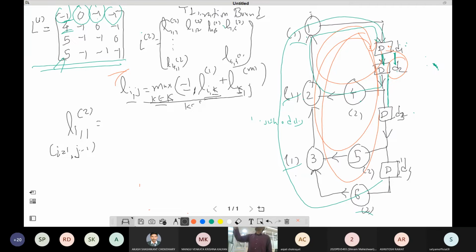Okay, so let's put all of those and try to solve this. So 1, 1. If I put I and J fixed, K is varying from 1, 2, 3, 4. So that means I put 1, 1, 1 plus 1. This is actually m plus 1.